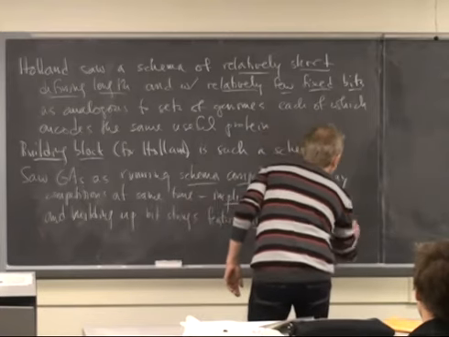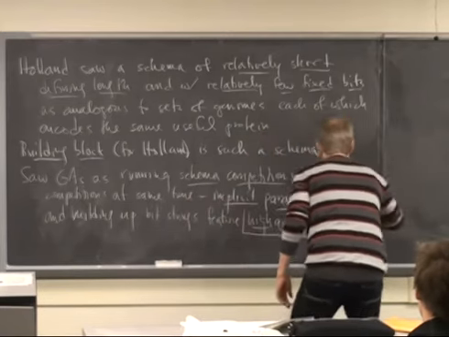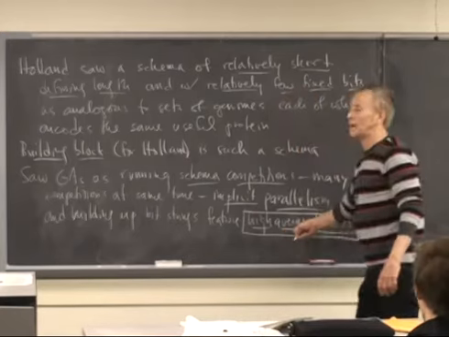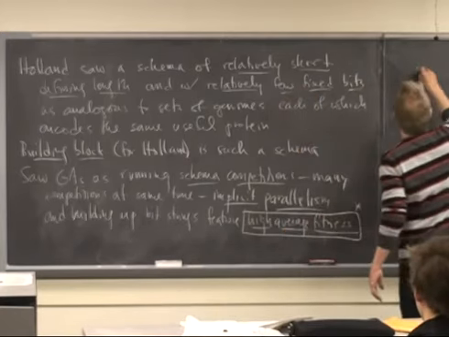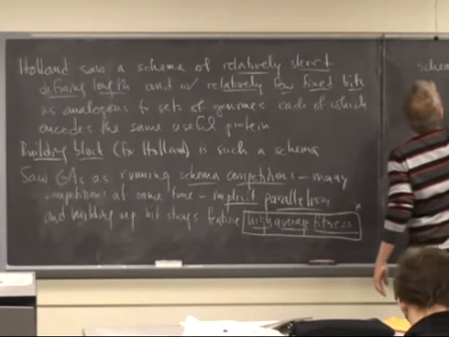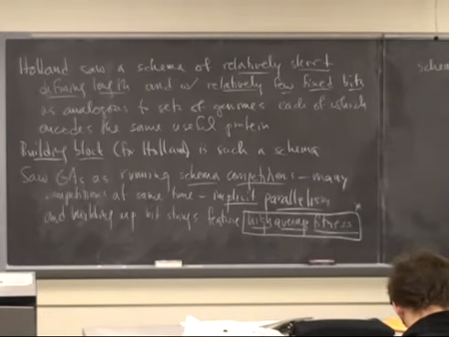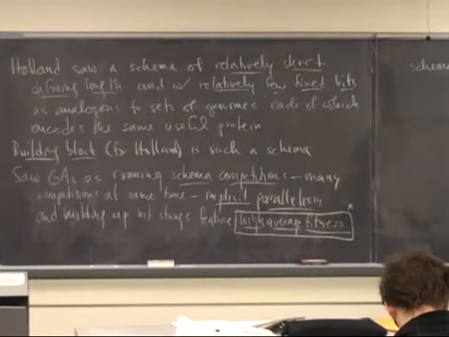And I'm going to underline that phrase and put it in a box, because this turns out to be a big problem that we're going to talk about in a second. High average fitness schemas.